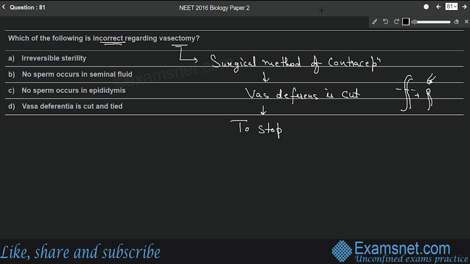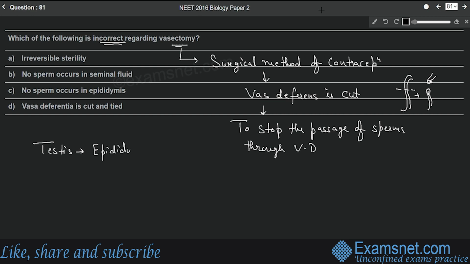Stop the passage of sperms through the vas deferens. Now we know that the sperms are formed in the testis and then they move to the epididymis, and after that they move to the vas deferens or vas deferentia.